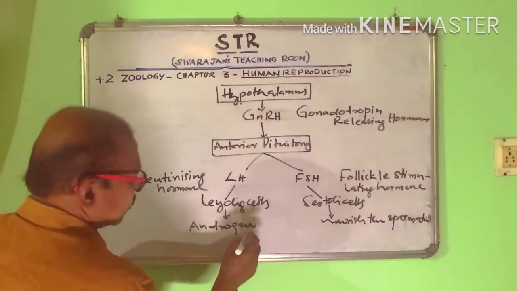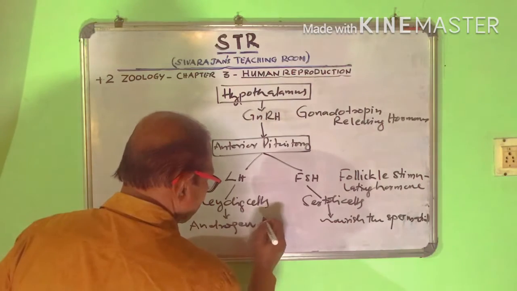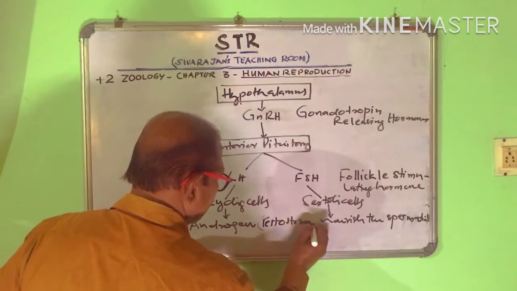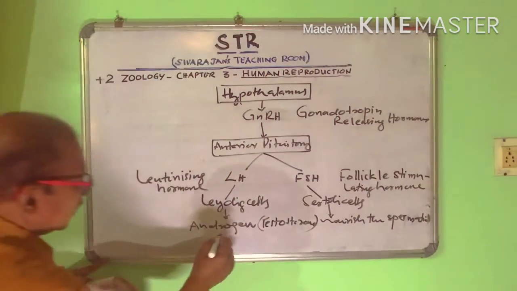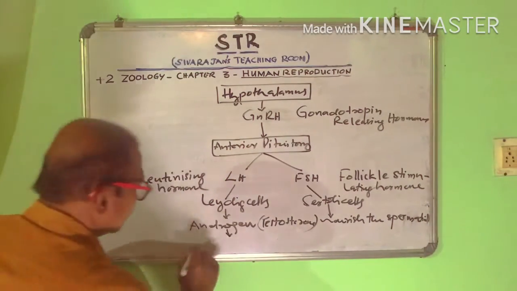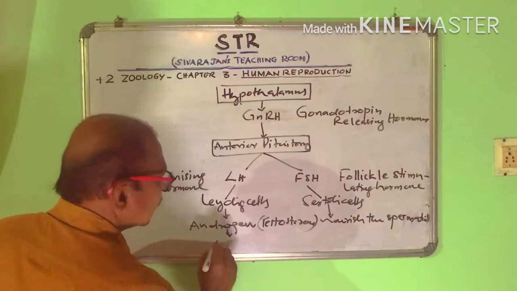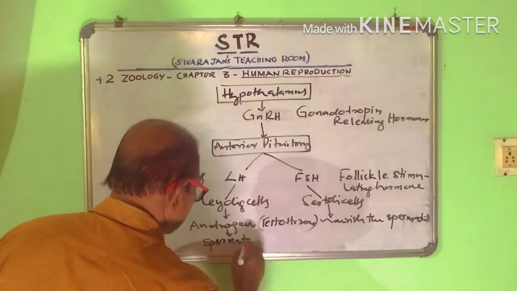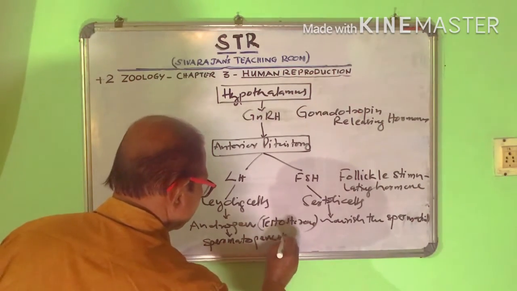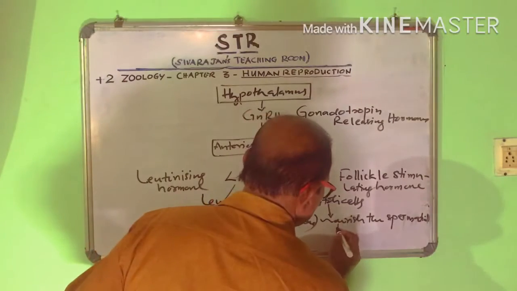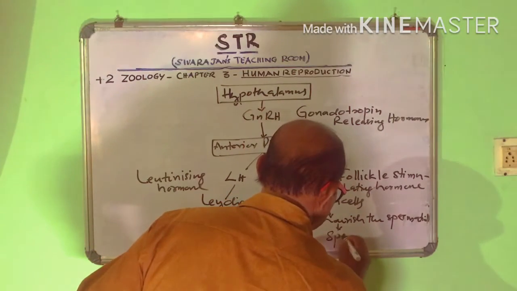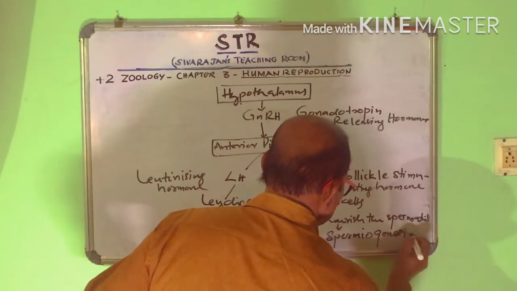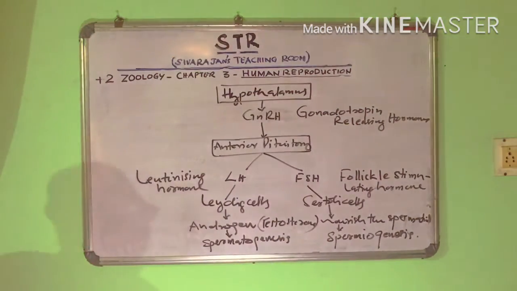And the androgen, testosterone, is the male sex hormone. It induces spermatogenesis, and it induces spermiogenesis.